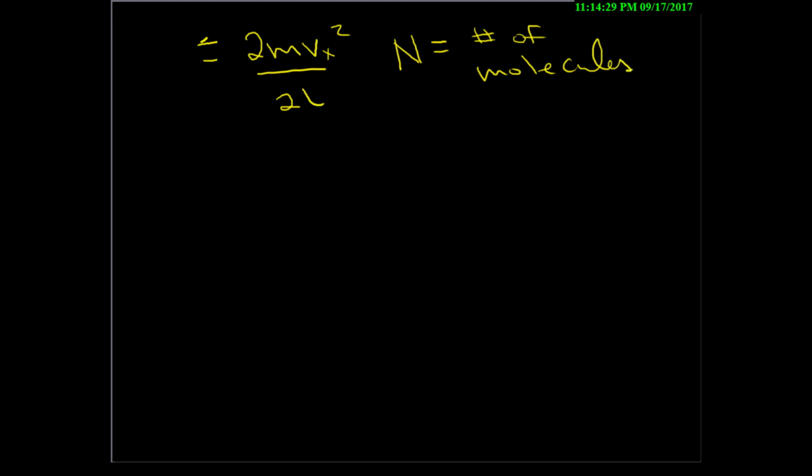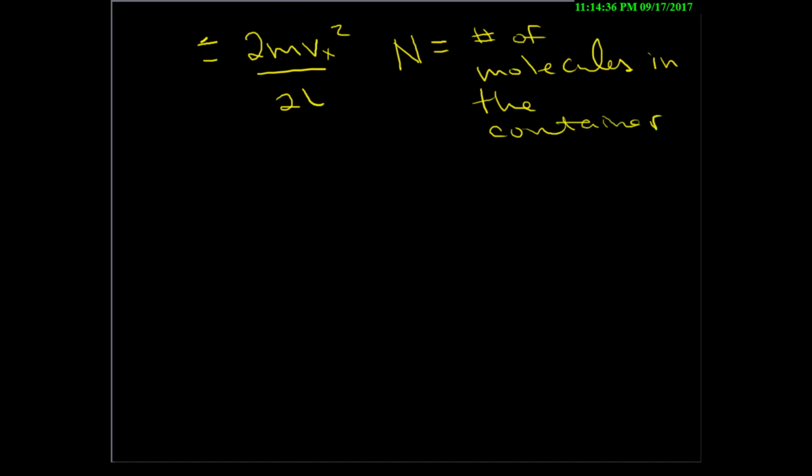So we now have this average force, which is equal to 2 times the mass times vx squared over 2L. But we can also account for the number of atoms inside of our container. All we need to do is have a multiplicative factor of N, which is equal to the number of molecules in the container.